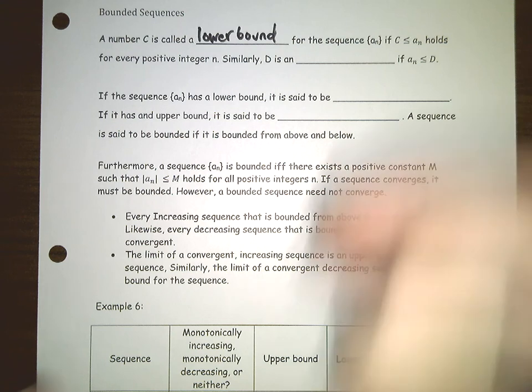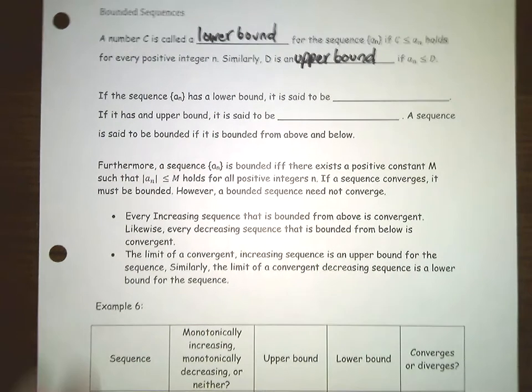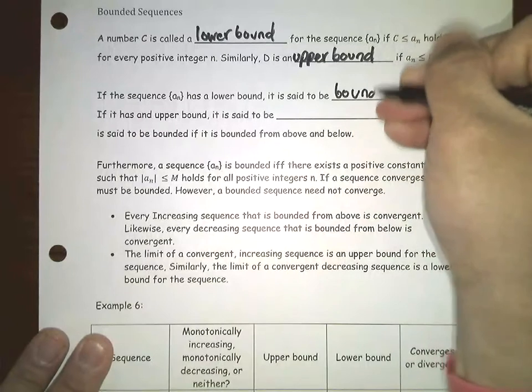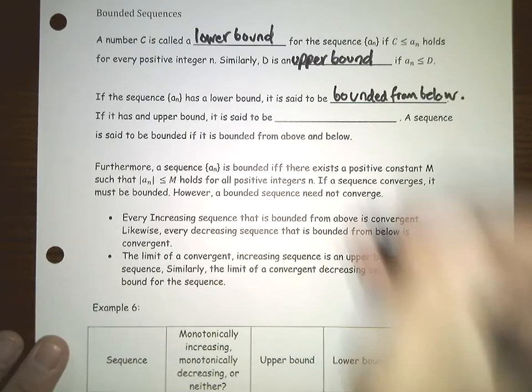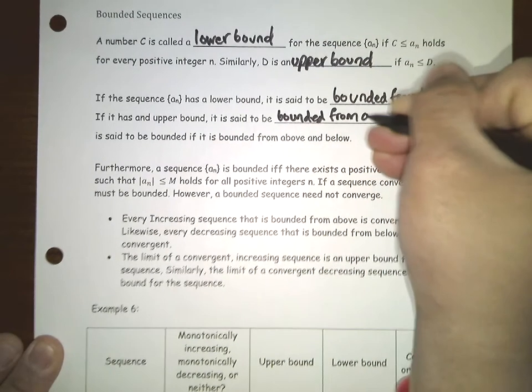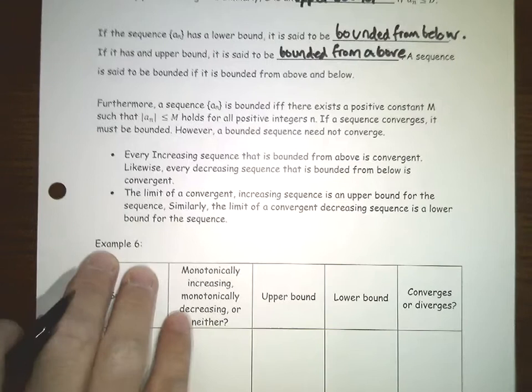And similarly, D is an upper bound if a_n is less than or equal to D. So if the sequence a_n has a lower bound, it is said to be bounded from below. And if it has an upper bound, it is said to be bounded from above. So a sequence is said to be bounded if it is bounded from above and below.